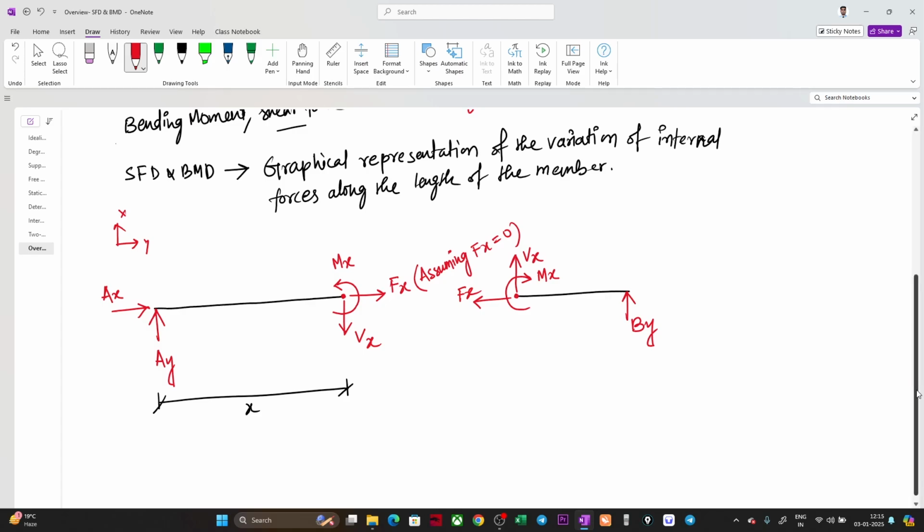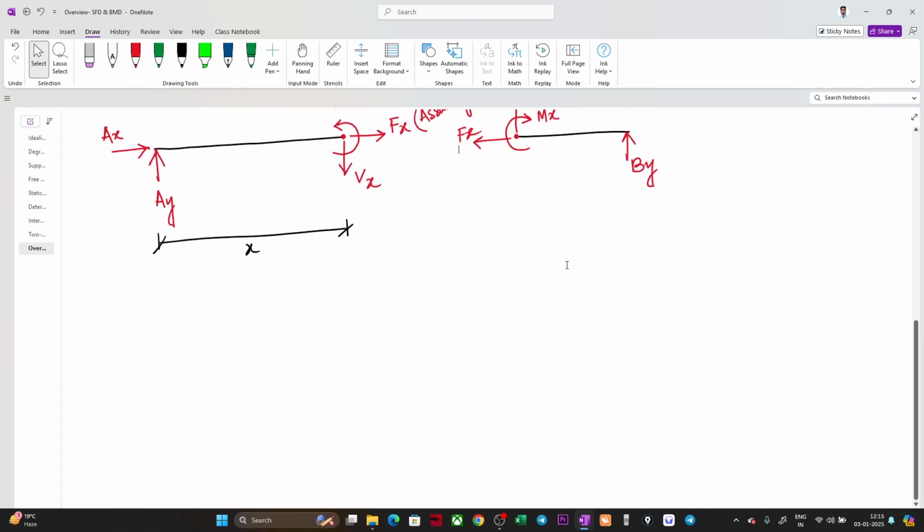Now before jumping into further calculation or understanding of this SFD and BMD, we need to understand the sign convention.